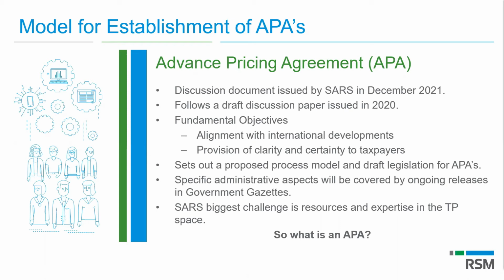Flowing from that assessment, SARS and the taxpayer then enter into a negotiation, after which they should be in a position to formulate an agreement, which will then fix the pricing, terms and conditions, etc., of the cross-border transactions that are being entered into. So once you've been able to reach an agreement and an APA has been issued, that puts you as a taxpayer into a position where you have certainty as to the fact that SARS will accept the mechanisms and pricing that is being applied. So very useful once they're in place, something that is used commonly in many jurisdictions around the world.